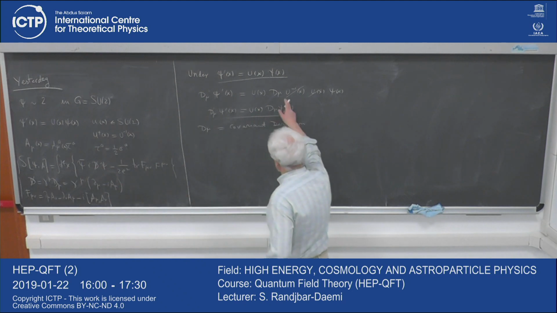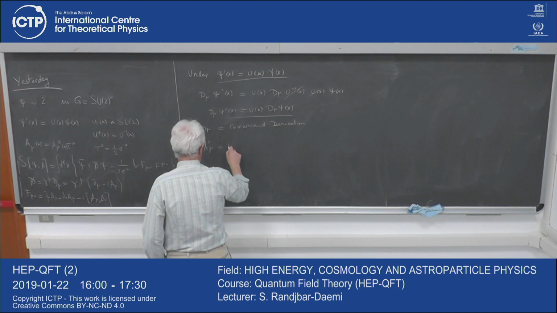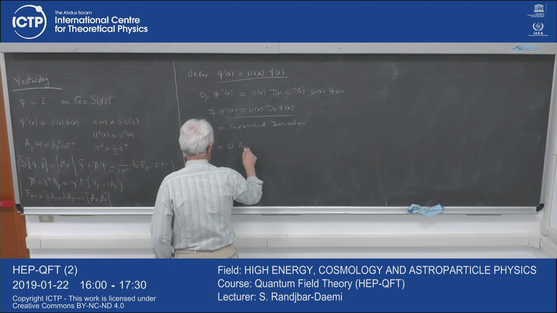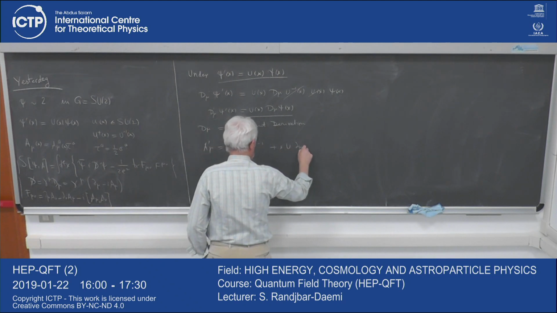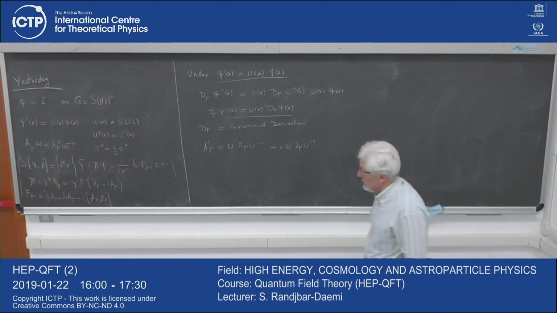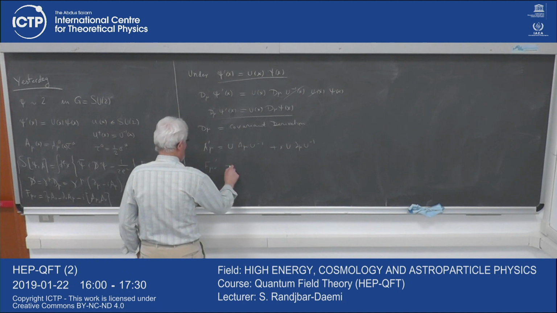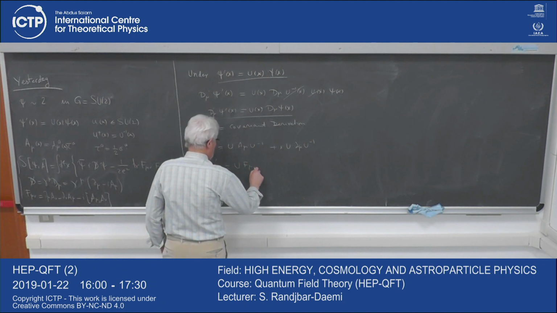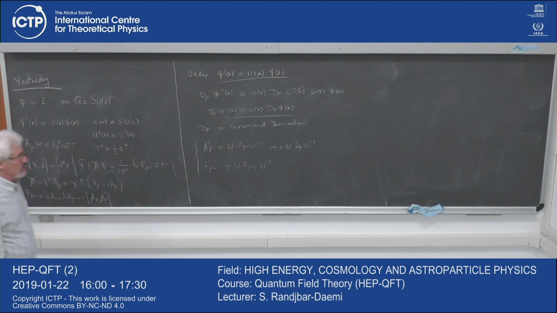The implication of this transformation law was that A prime mu is U A mu U inverse plus I U d mu U inverse. And F transformed in a nicer way, by U F mu nu U inverse. So this is basically what we covered yesterday. Any questions?